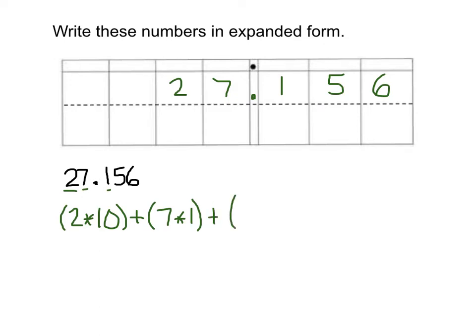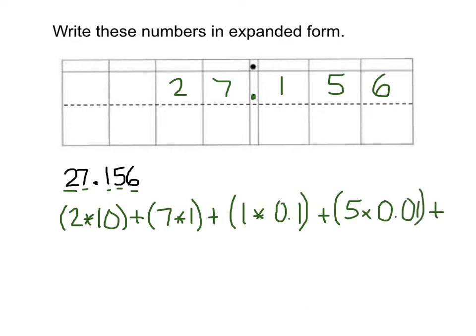Now I have this 1 here. That is a 1 group of, now I have a choice. I can do this as a decimal or a fraction. First time out I'm going to do it as a decimal. That's 1 group of a tenth. Now I still have this 5 here. So I have 5 groups of a hundredth. And then finally I have this 6.